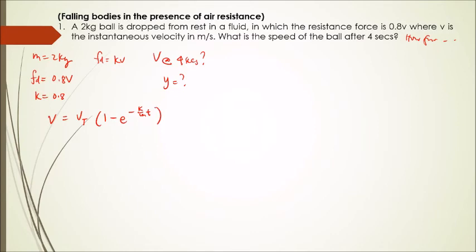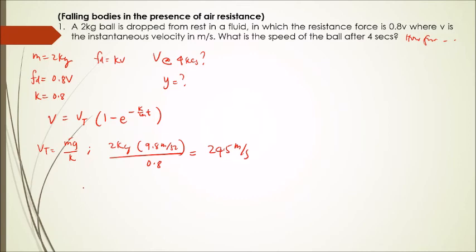Also remember this vt is actually mg over k. So vt is 2 kilograms times 9.8 meters per second squared, and then k is 0.8. So our terminal velocity is actually 24.5 meters per second.